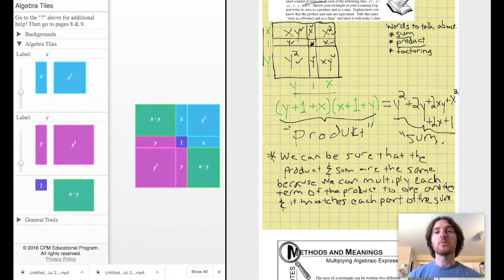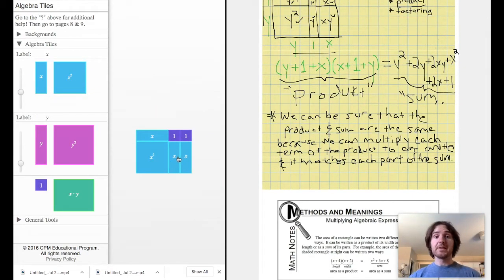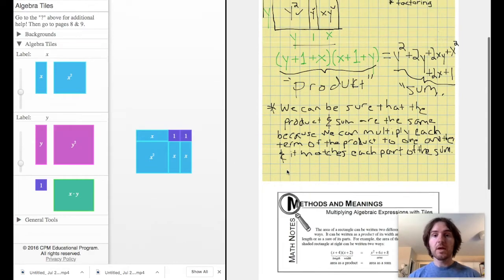Now, the one that I had here was a little bit complicated because my rectangle was basically like 3 different terms high and 3 different terms wide. But perhaps we try this with a slightly easier one here on the left side. What if I had this as my rectangle right here? Well, in this situation, I would have a rectangle that's a lot easier to check because it's a lot smaller.